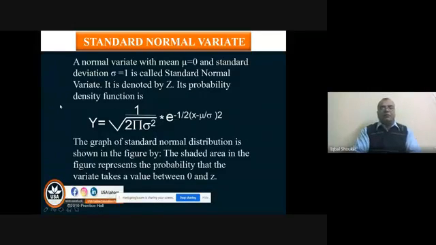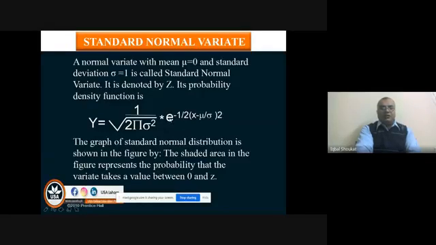The maximum ordinate of the function would always be at x equal to mu. Whatever the value of mu, we put the same value of x: x minus mu is 0, divided by sigma is again 0, squared is 0, multiplied by 1 over 2 is again 0.